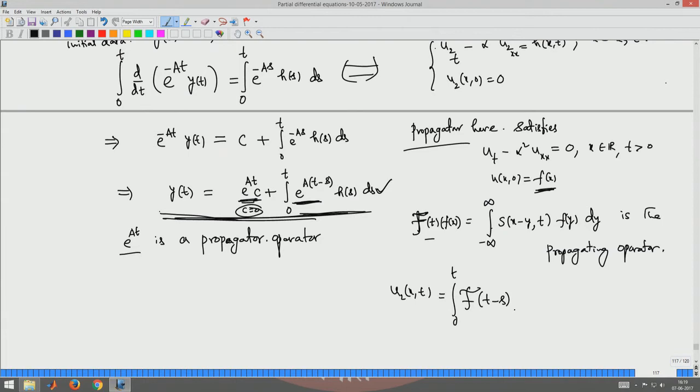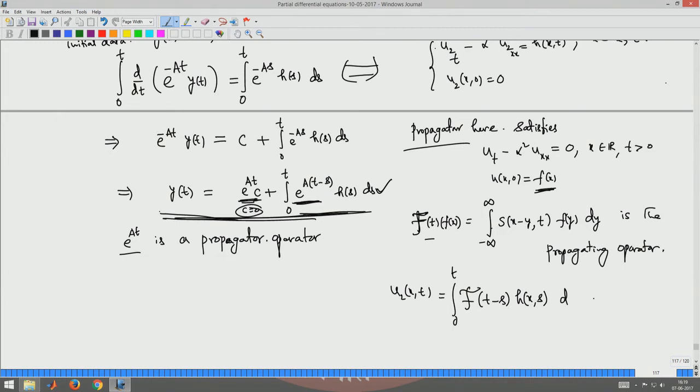So, this is t minus s acting on h(x,t), okay, ds. So, t is the dummy variable. So, t should actually be s, right.